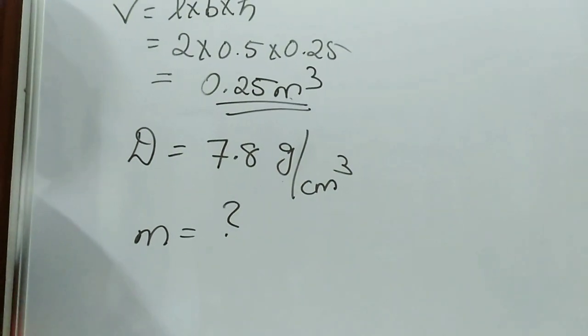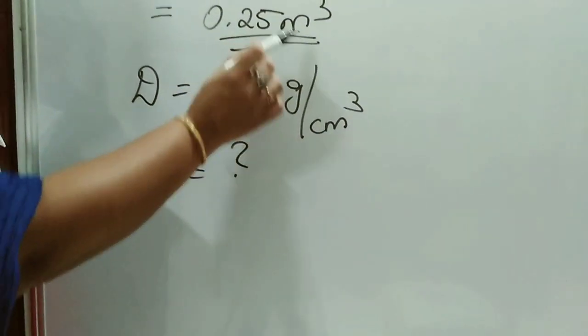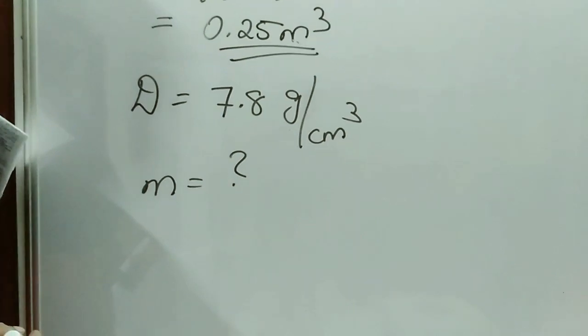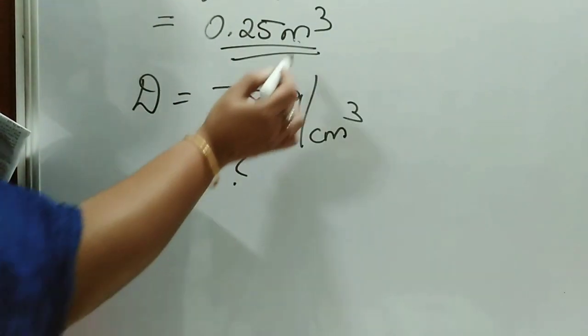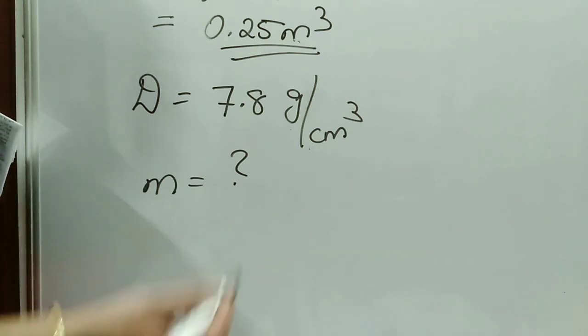So we are not able or allowed to do the calculation with the different units. One is in meter cube, one is in centimeter cube. So what we have to do is, first either we have to convert meter cube to centimeter cube, or we have to convert gram per centimeter cube to kilogram per meter cube.